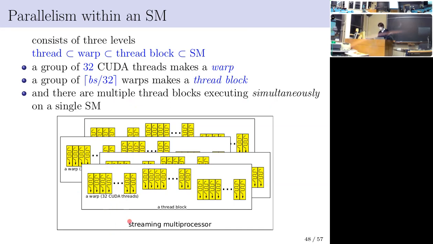So this is what is happening in each streaming multiprocessor. Remember this hierarchy of parallelism: thread, warp, which is 32 threads, some number of warps make a thread block, and some number of thread blocks are dispatched into a single streaming multiprocessor.